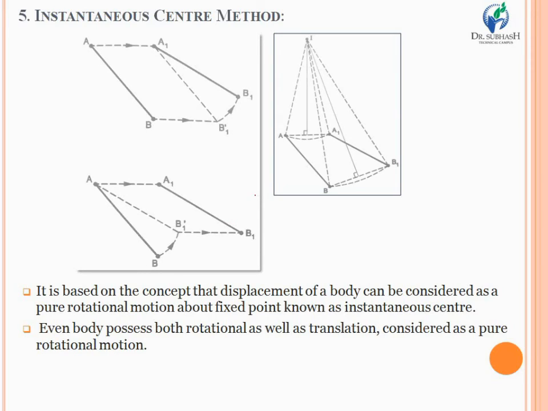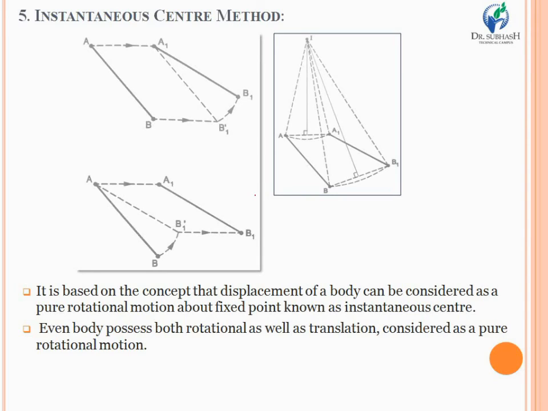The motion of link AB to A1 B1 can generally be considered as the combination of two motions, rotation followed by translation. So practically we can say that the motion of link AB is a combination of translation and rotation, but it does not matter so much whether the rotation and translation take place simultaneously or not, because in this method you have to take only the pure rotational motion of the link.